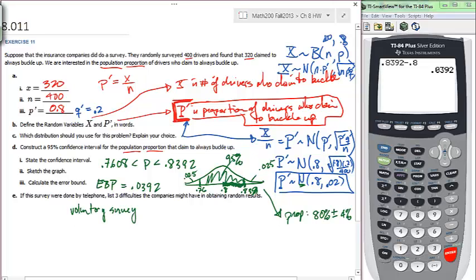So we might not get a full picture, because the only people who would stick around and do a survey would be people who would be willing to sit there and talk and volunteer themselves.